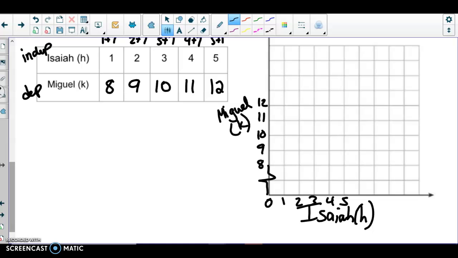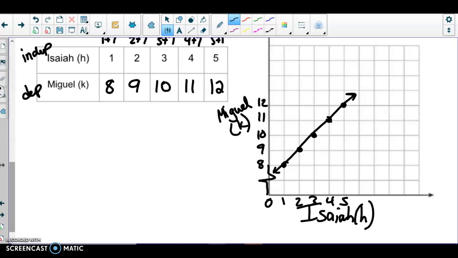I'm going to graph it. I have to go over 1 up to 8, over 2 up to 9, over 3 up to 10, over 4 up to 11, over 5 up to 12, and I'm going to graph my line. Okay, and there it is.